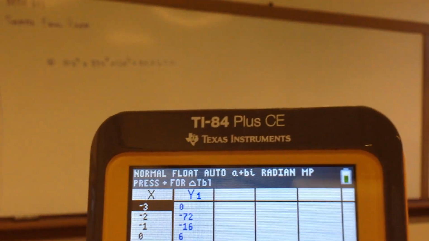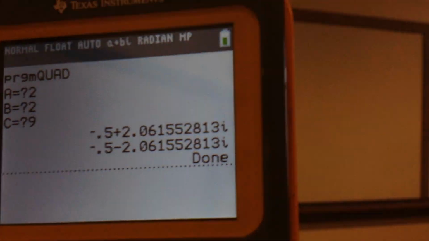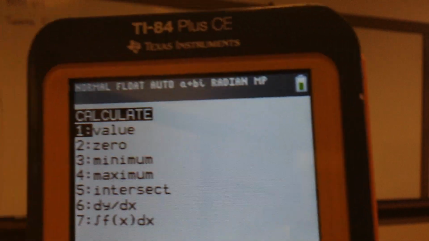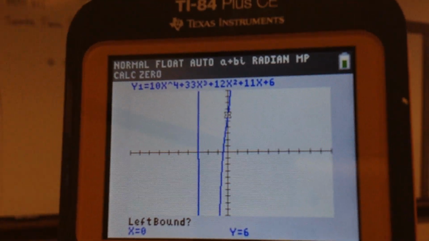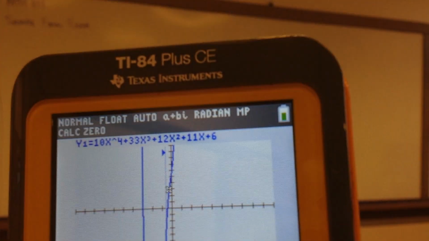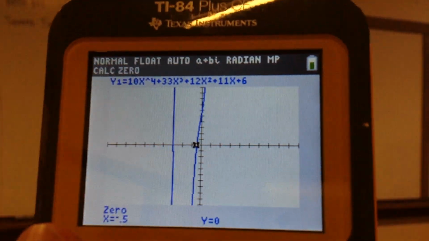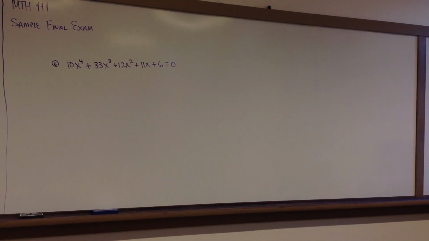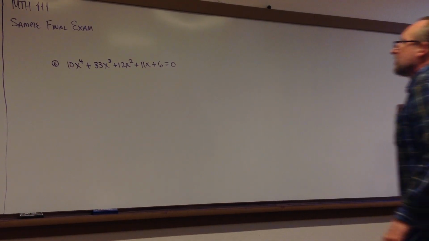Okay, so we know we've got a root at -3, and then we'll go find that other root using the 0 function. Let's see, there's a left bound, there's a right bound, and that root is -1/2. Okay, so we've got 2 roots, one at -3 and one at -1/2.